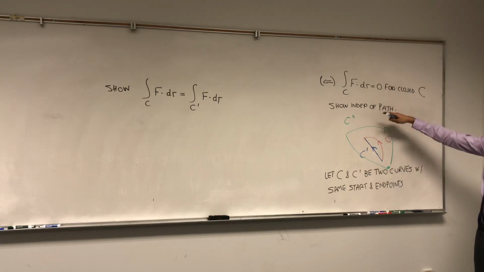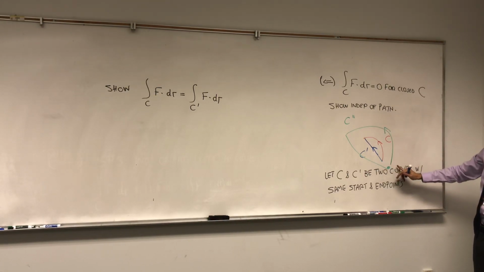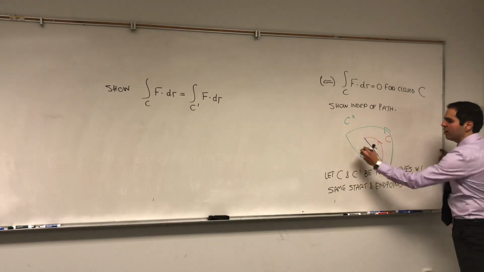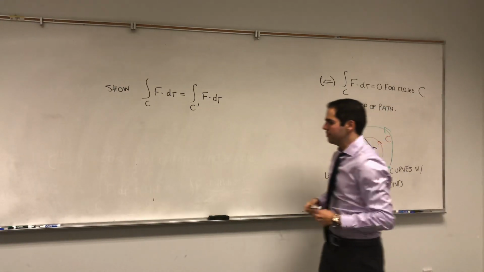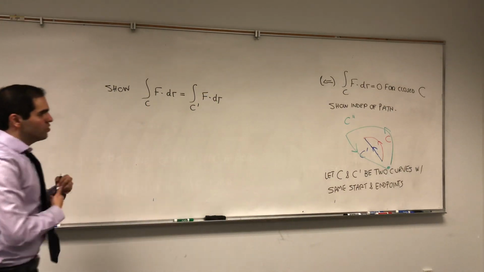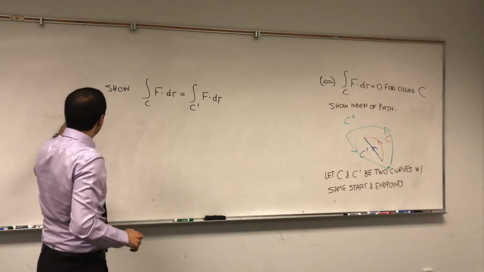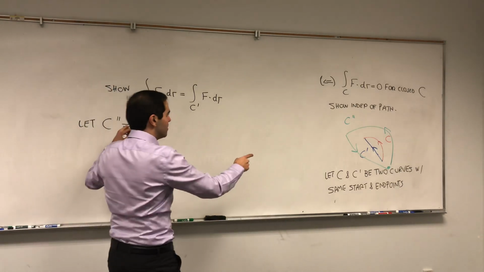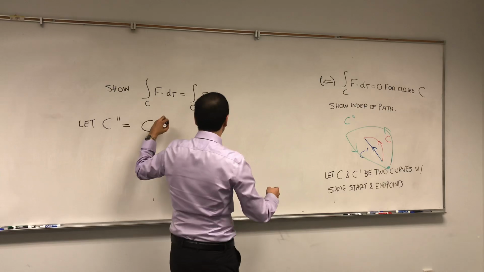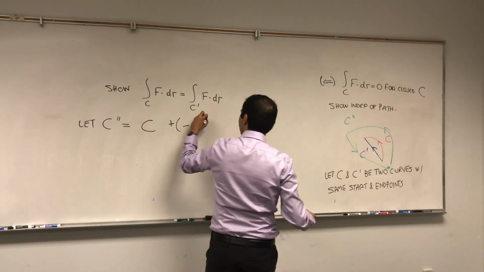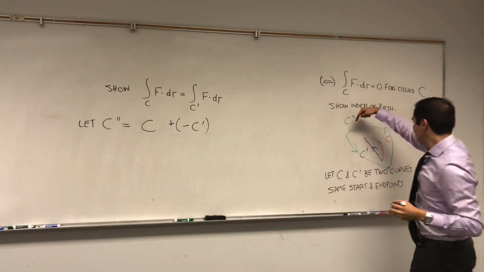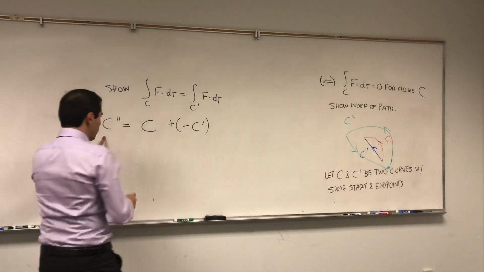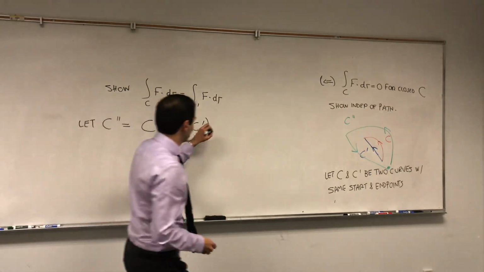Now, let C double prime be the curve where you start with C, and then you go along C prime in the other direction. So in other words, let C double prime just be C followed by minus C prime. Then notice C double prime is closed.